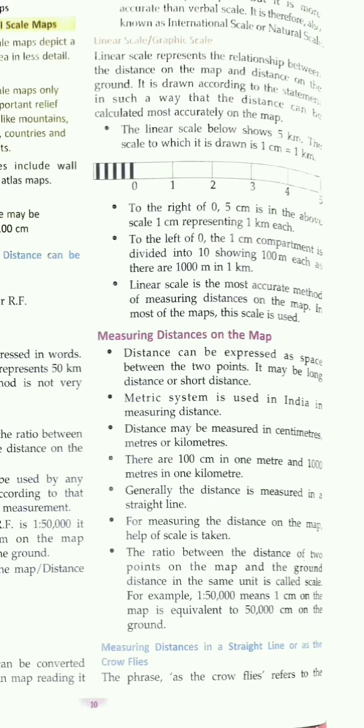The distance can be measured directly by using the scale or with the help of a divider. Okay, the two legs of the divider are placed on the 2 points on the map, and then by placing it on the linear scale, the distance can be calculated.